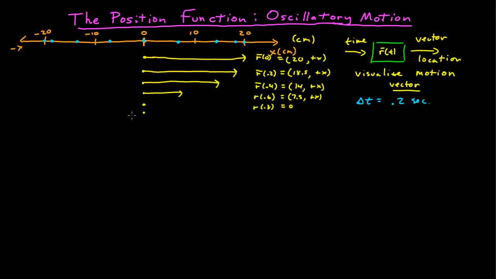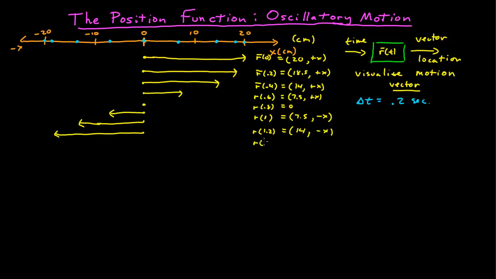And then it starts to move off. At r of 1 second, it now has a magnitude of 7.5 centimeters, pointing along the negative x-axis. And then at t equal to 1.2, it has a magnitude of 14, pointing along the negative x-axis.